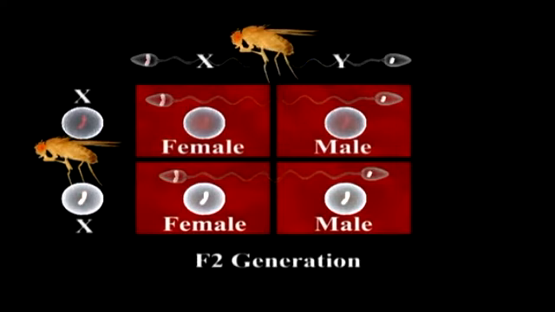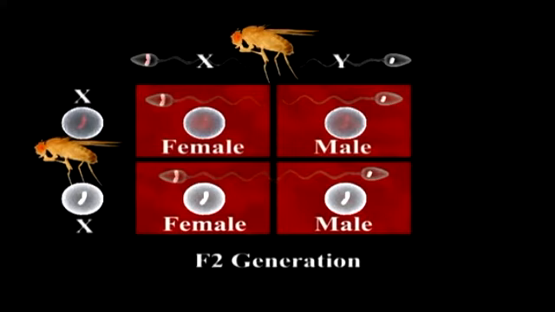Crossing the males and females of the F1 generation produces an F2 generation in which 1/2 of the females are homozygous for red eyes, inheriting 1 red-eye gene from their mother's X chromosome and the other from their father's X chromosome, and 1/2 are heterozygous, inheriting the white-eye gene from their mother and the red-eye gene from their father. 1/2 of the males are red-eyed, inheriting a red-eye gene from the mother's X chromosome and no eye color gene from their father's Y chromosome.